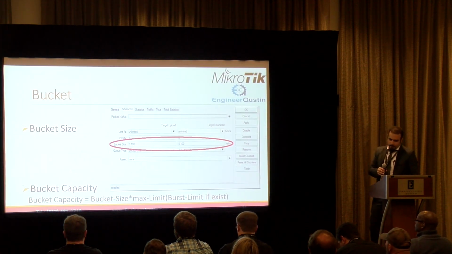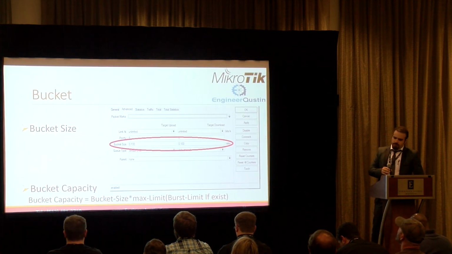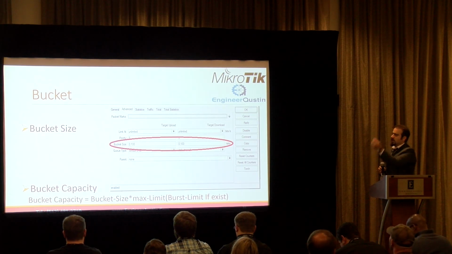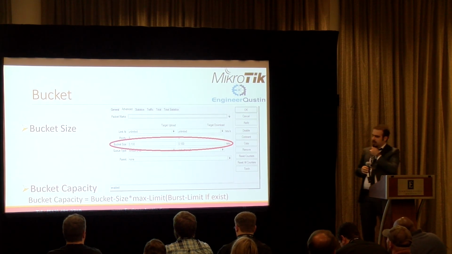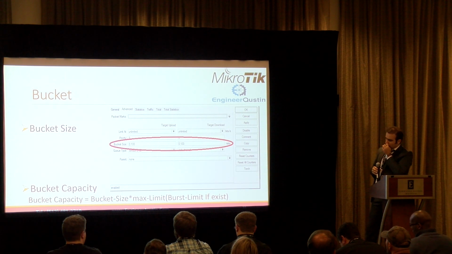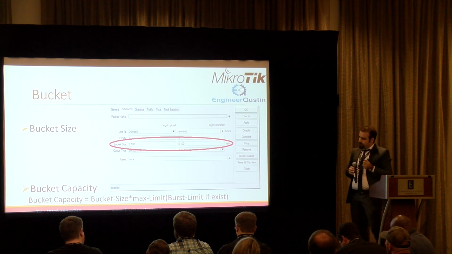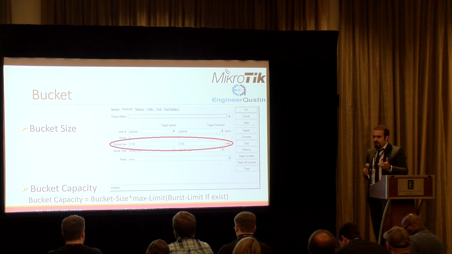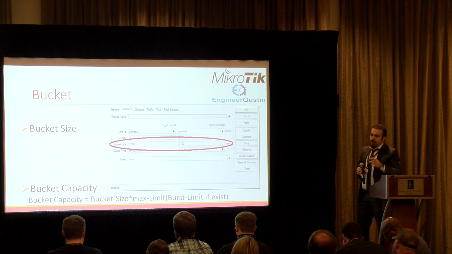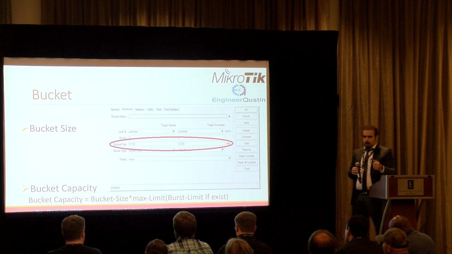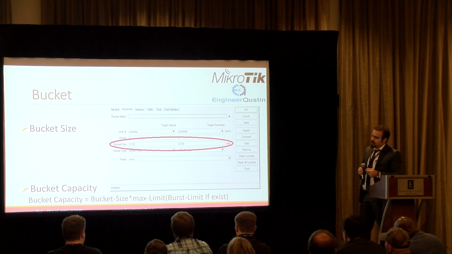Burst. This queue option, burst-threshold and bucket size, was added in RouterOS version 6.35. Before, it was hard-coded to 0.1, and now we can set the bucket size from 0 to 10.